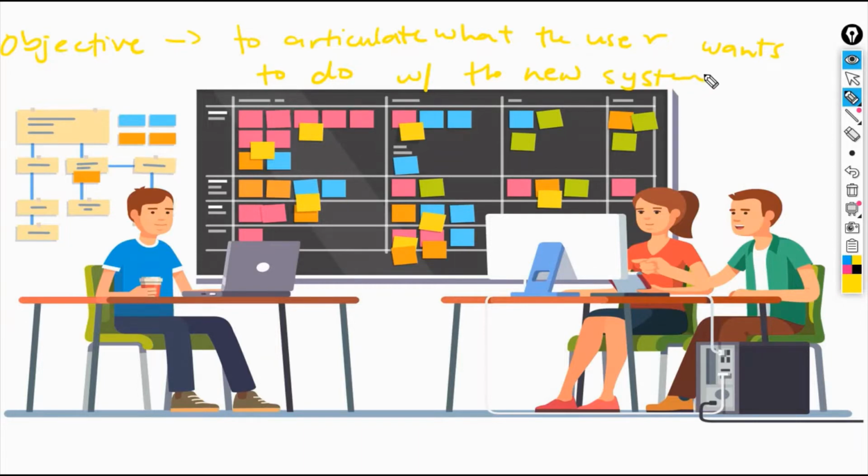Again, the objective of writing each user story is to get a potential user to articulate what he or she wants to do with the new system.